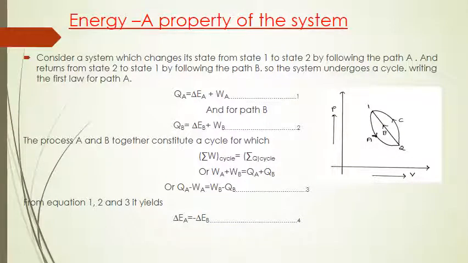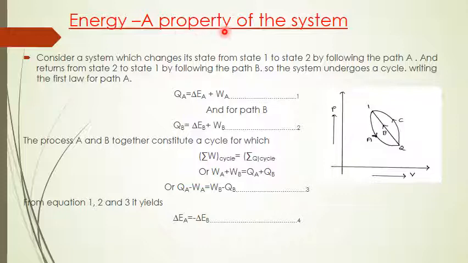Now we need to prove whether energy is a property of the system or not. Before that, we need to know what we mean by property. If you want to call any physical quantity a property of the system, it should depend on the end states only.